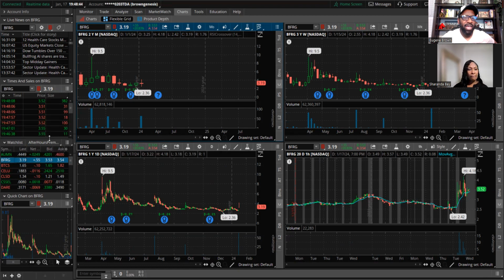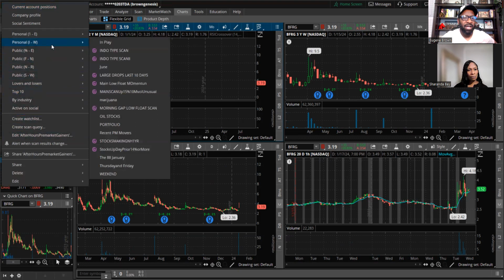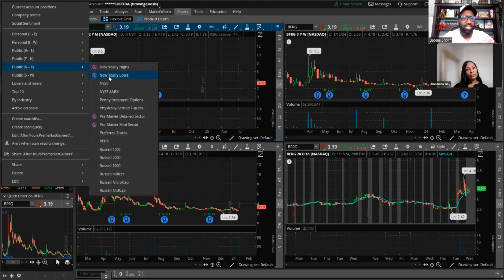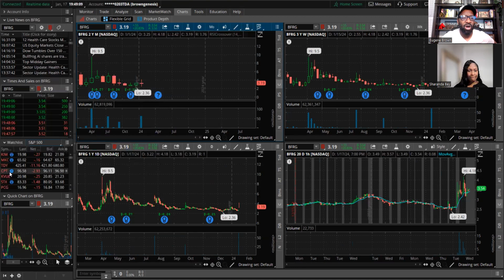They have some built-in scans, like, if I go to public, here are their built-in scans that are already there, so I don't have to put these in myself. There's just a lot of information that's out here for you to find names. Like the S&P 500. If I click on it, it's going to show me all 500 stocks on the S&P.